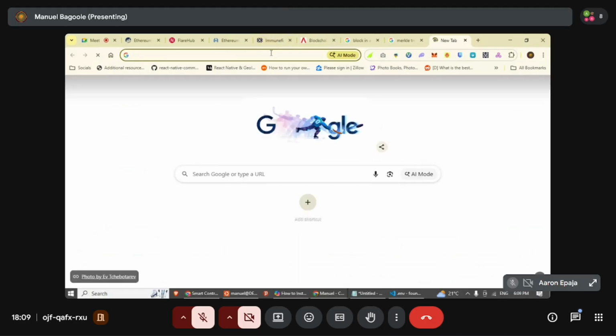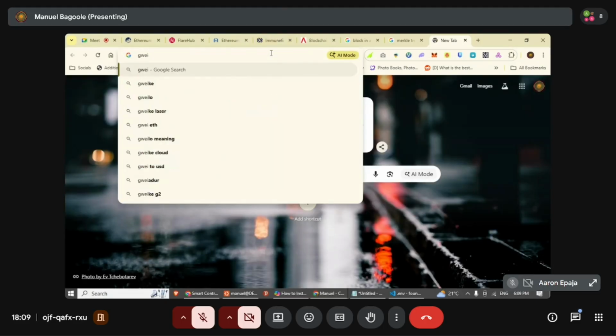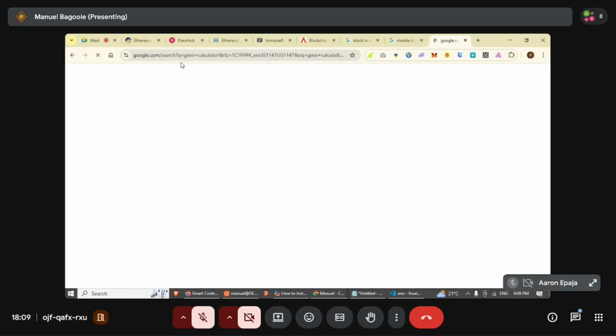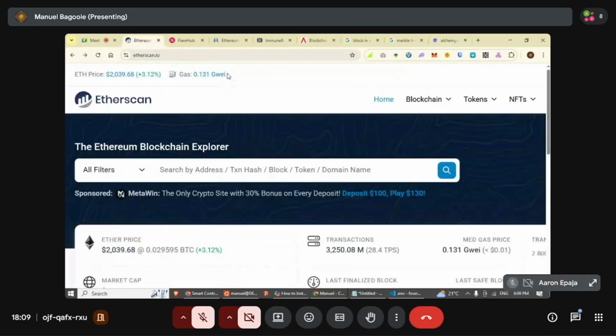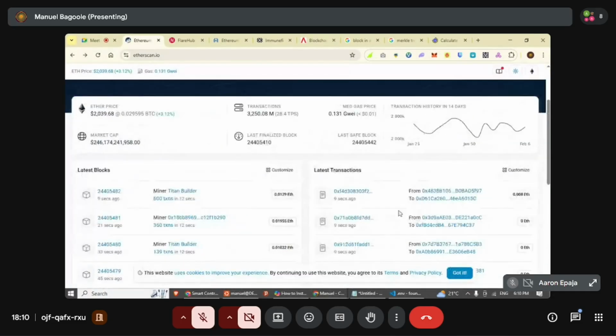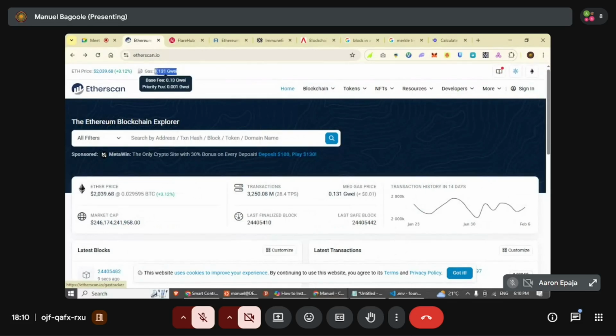There's a Gwei calculator you can always look at. Maybe even calculate how much money we will be paying for deploying smart contracts if we want to deploy smart contracts at this amount of gas price right now. Let's look at a specific transaction perhaps.